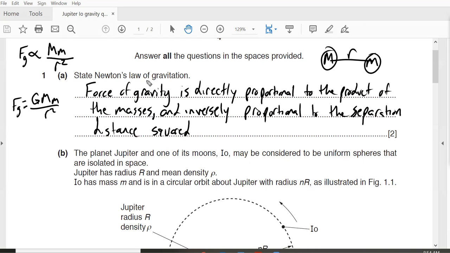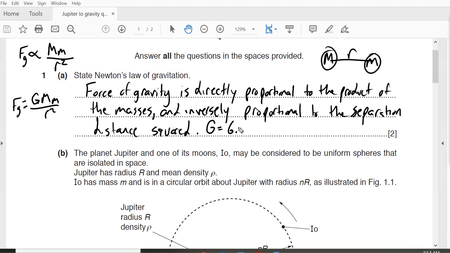You could have answered this by just writing this equation out, but also defining each one of these variables, right? You say, the force of gravity is equal to G m m over r squared, where m is the mass, r is the separation distance, G is the universal gravitational constant. For completion's sake, let me give you the value of that.